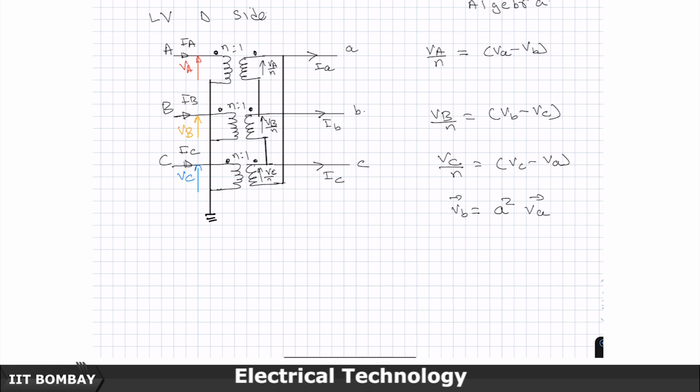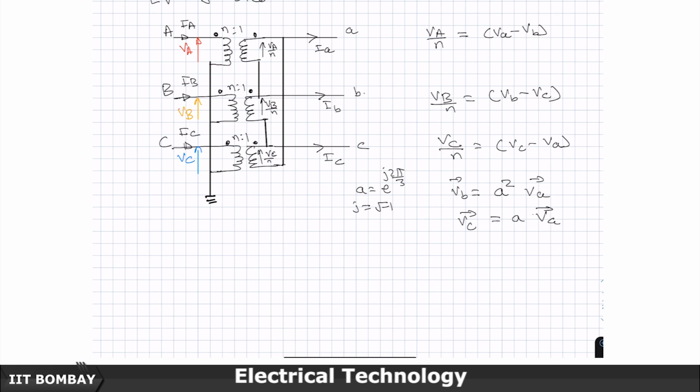And what is a? a is a 120 degree rotation in the anti-clockwise direction, the operator a, e to the power j 2π/3. j is the square root of minus 1. What is vc? vc is a times va.